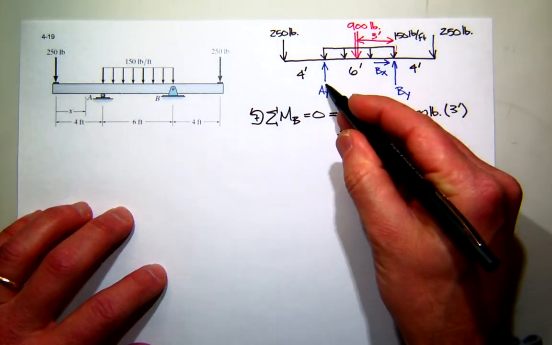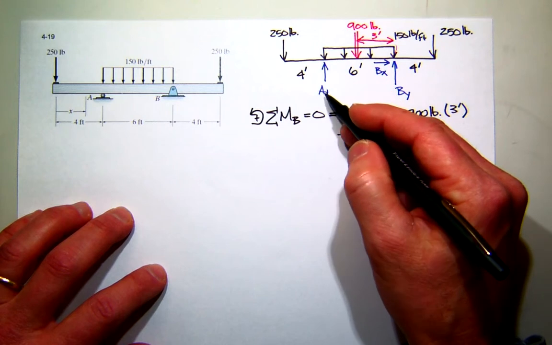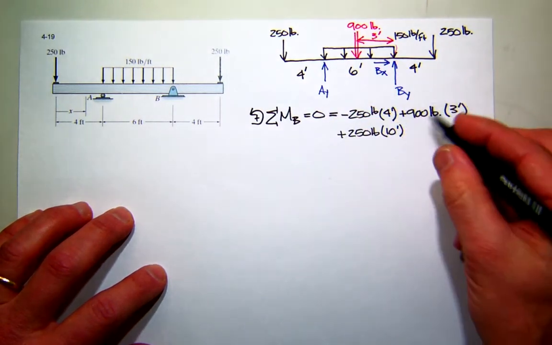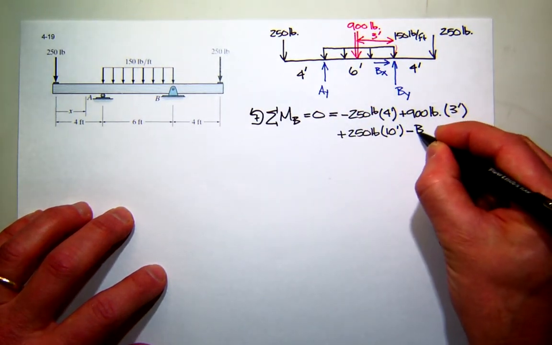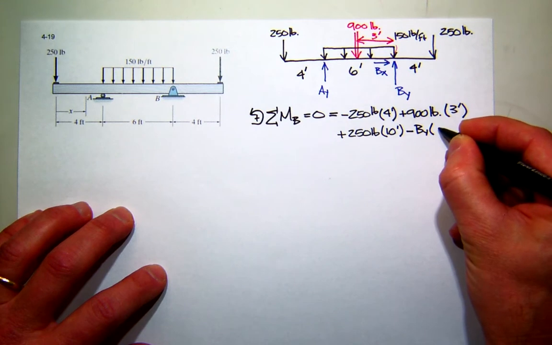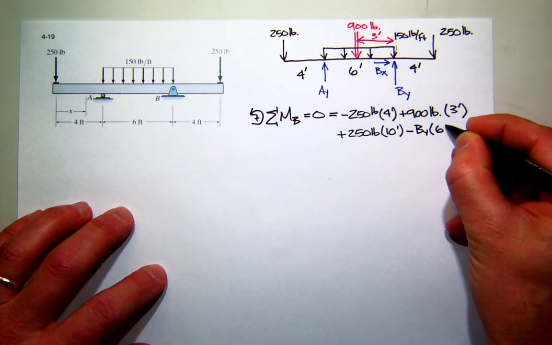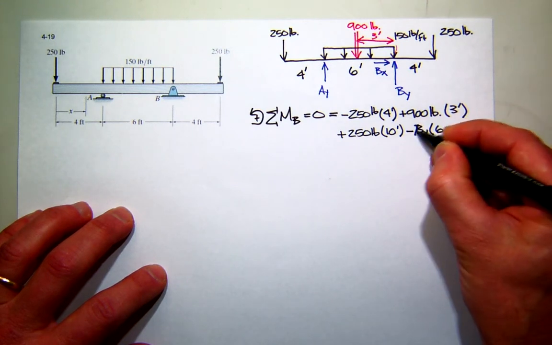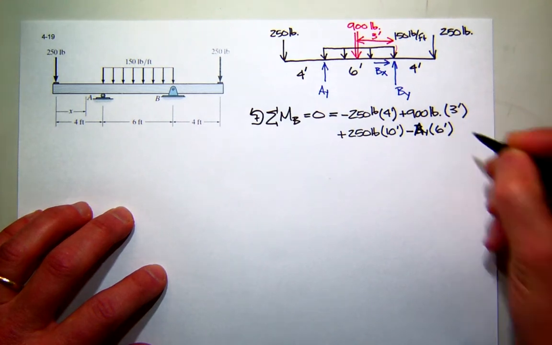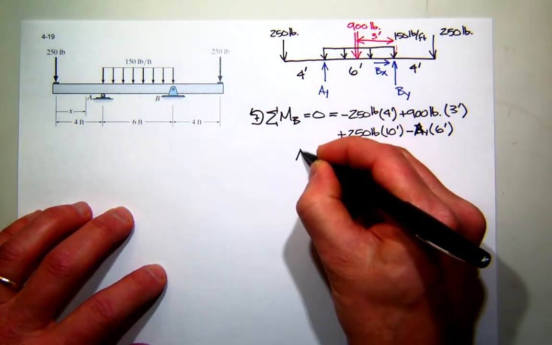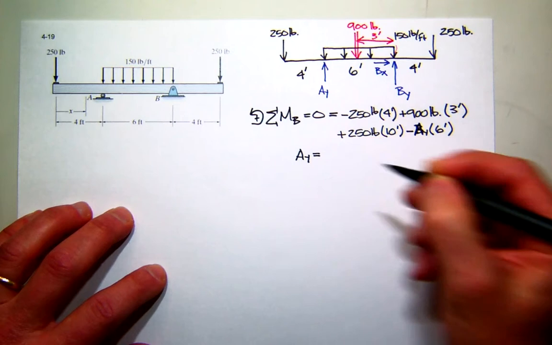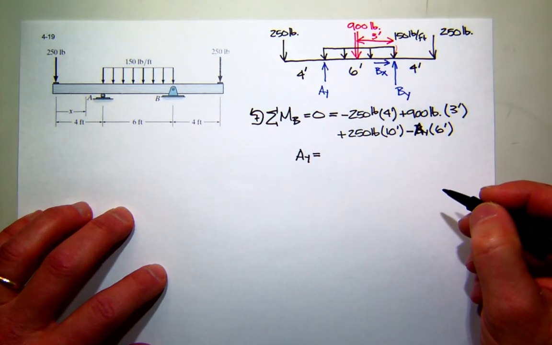And then finally my reaction AY. And the way I've assumed it here, what kind of moment does it create about B? Negative. So that's AY, and its moment arm is 6 feet. So I should be able to find AY. I'm guessing it's going to be 700.